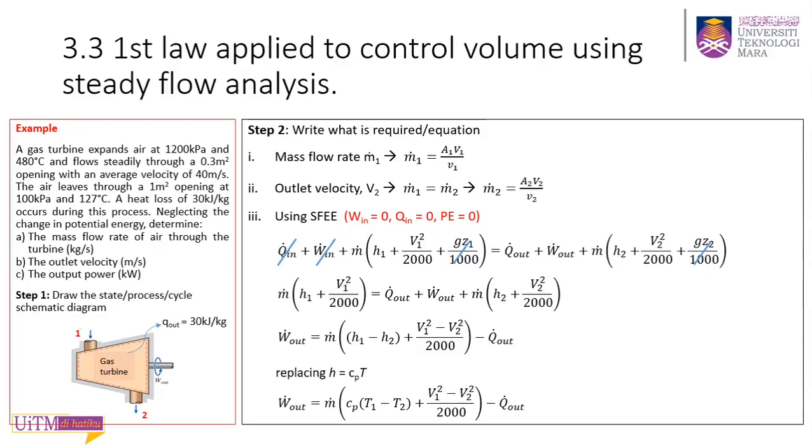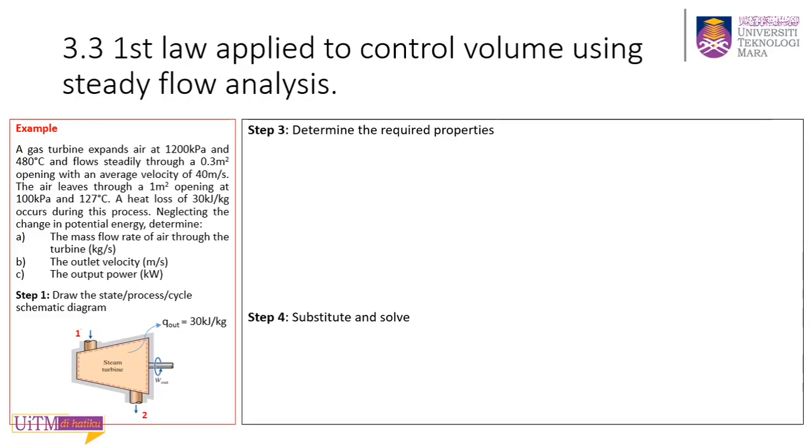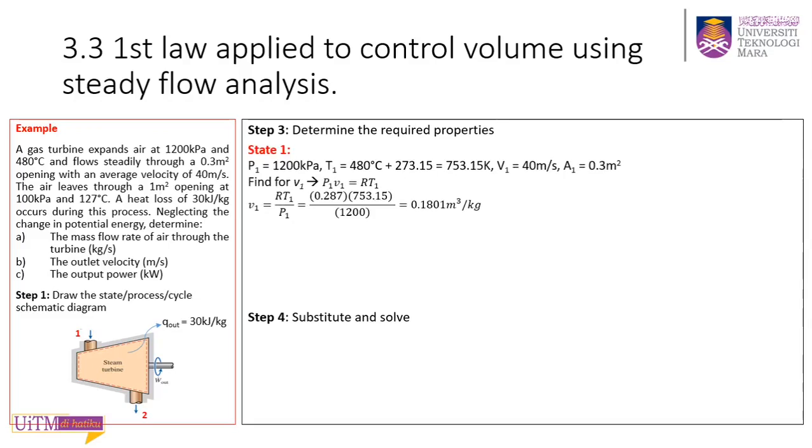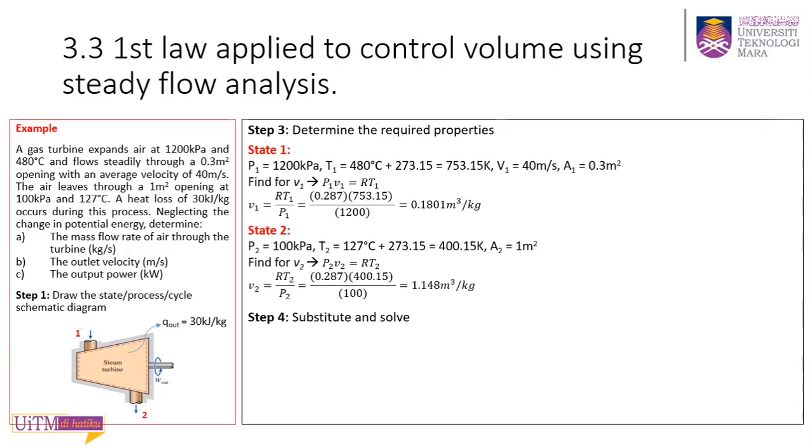For step 3, using the related gas equations, determine the required properties at state 1 and state 2. For state 1, we have to calculate the value for specific volume, which here we can see the answer is 0.1801 meter cubes per kilogram. At state 2, we also have to calculate the value for specific volume, which here we can see the answer is 1.148 meter cubes per kg.